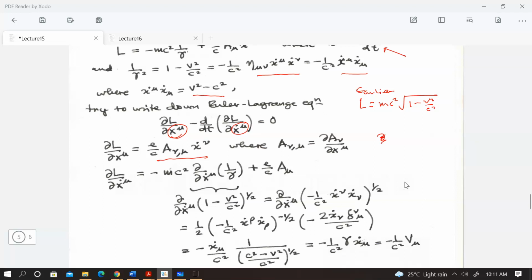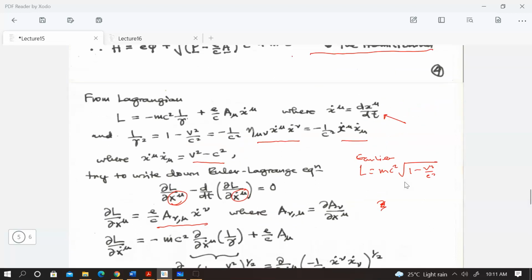Okay. That should follow from this Lagrangian that we had. Okay. So remember what we are doing here. We are taking the derivative of L with respect to x mu. Okay, the whole thing.